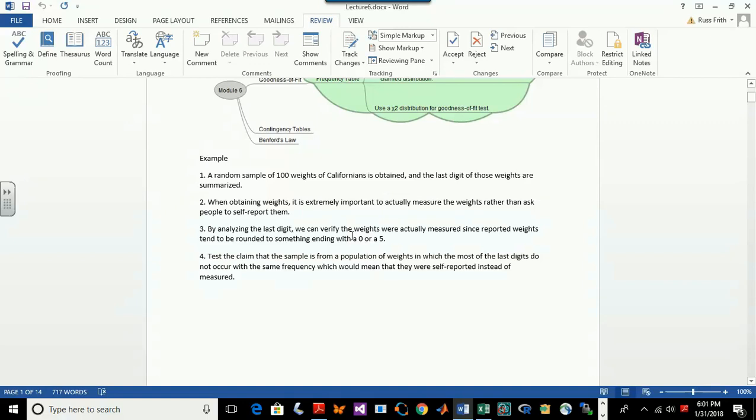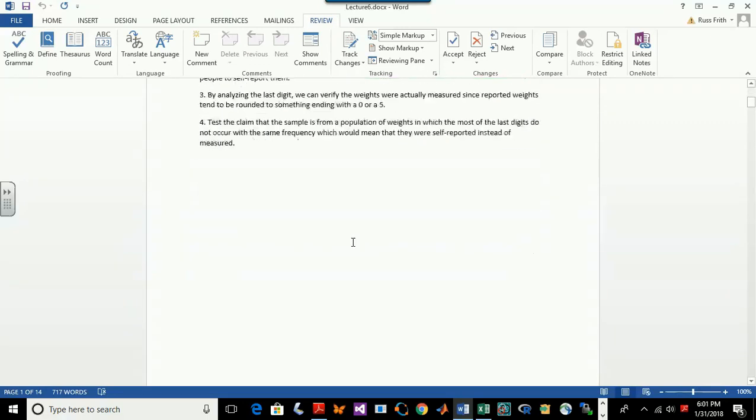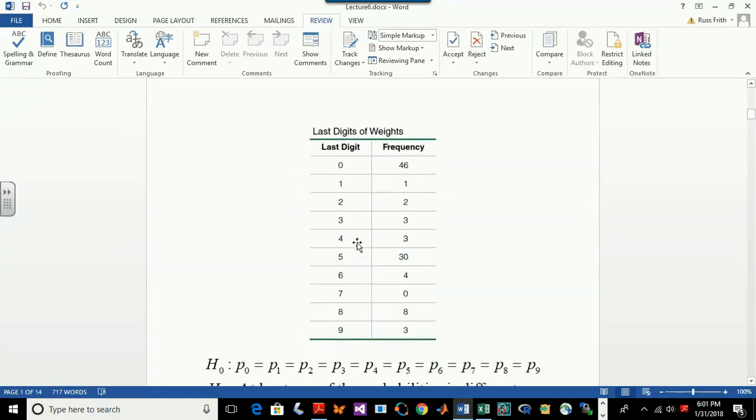Right, so consider this table. 100 Californians were polled, and we want to know: did they self-report their weights, or did they actually measure their weights? An indication of self-reporting is if the last digit of the weight reported was 0 or 5.